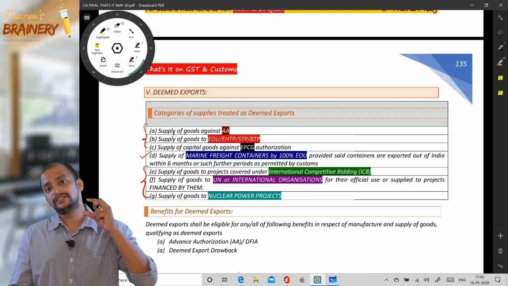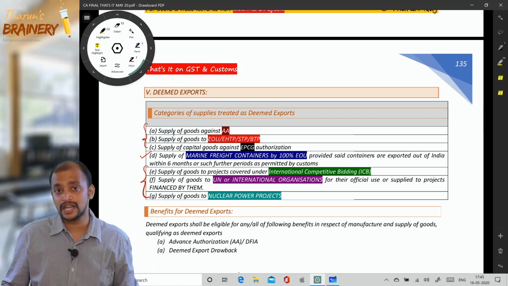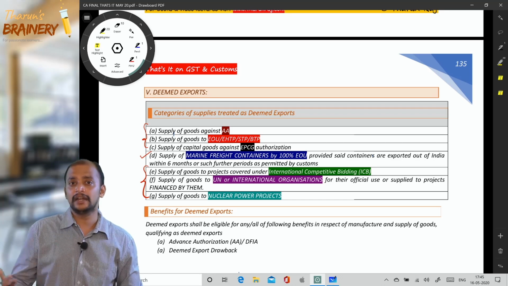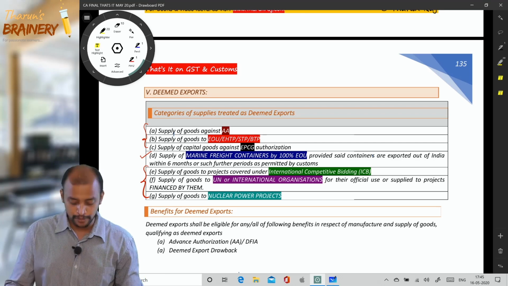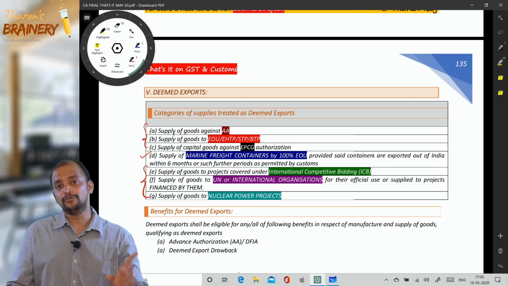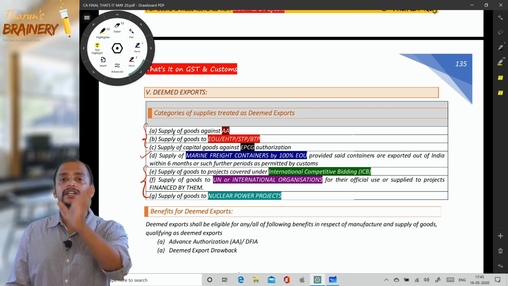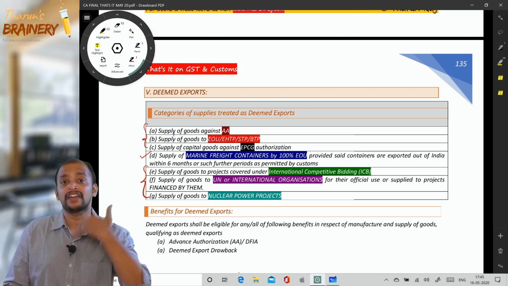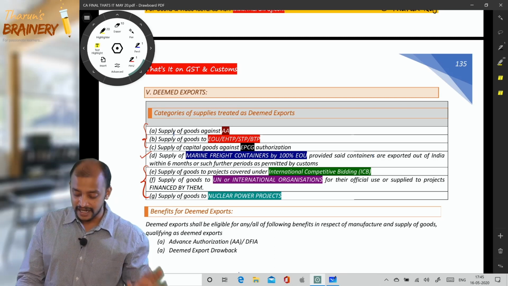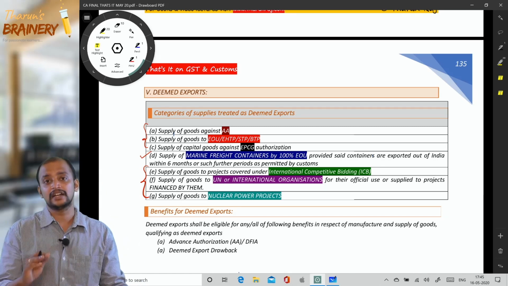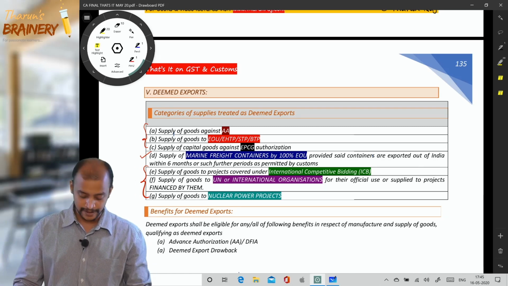With respect to these 3 projects, if there is any supply made, that also comes under deemed exports. Then one more: supply of marine freight containers by a 100% EOU. There is a 100% EOU which is supplying freight containers, and that freight container should have been exported outside India within a period of 6 months. Then that is also considered as deemed exports.